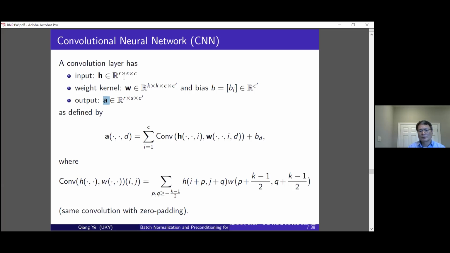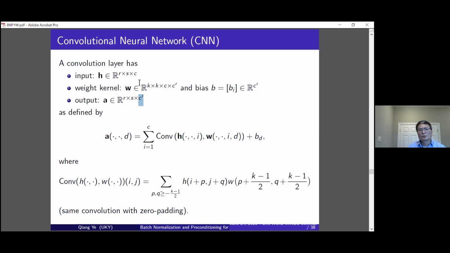The input has R by S, which you may consider as the image, so R and S are spatial dimensions, with C channels. The output could have the same dimension, or it could be smaller or larger, but that doesn't have to be. But here, for convenience, we just consider that they have the same output dimension, something called same convolutions. And the output channels may not be the same as the input channels.